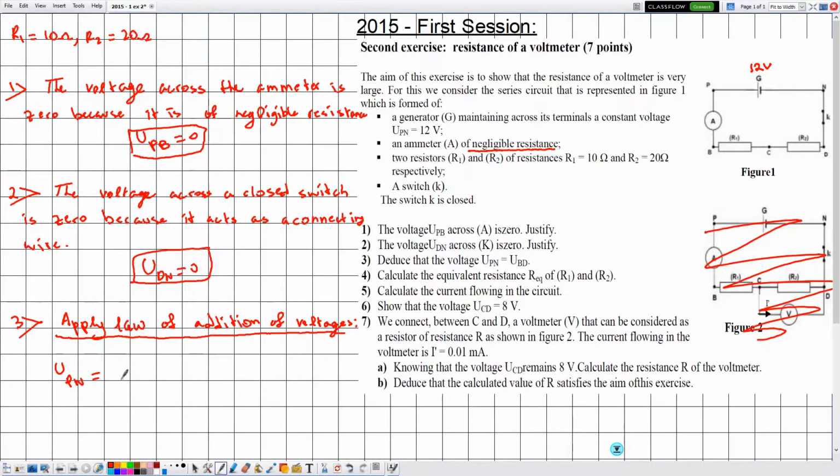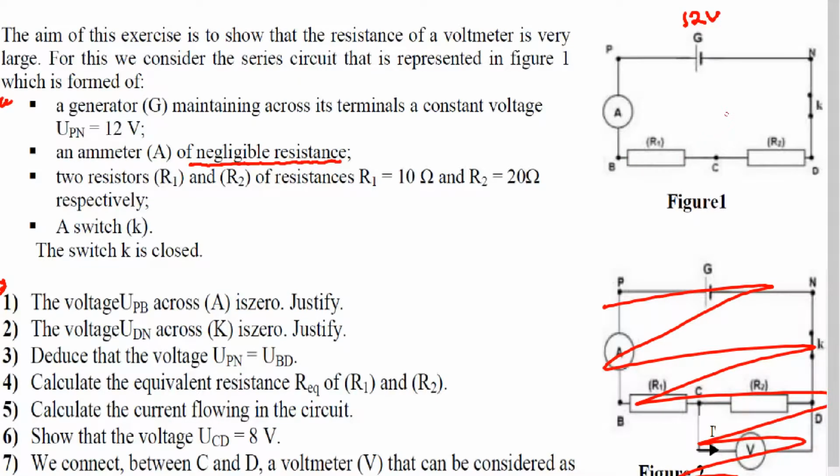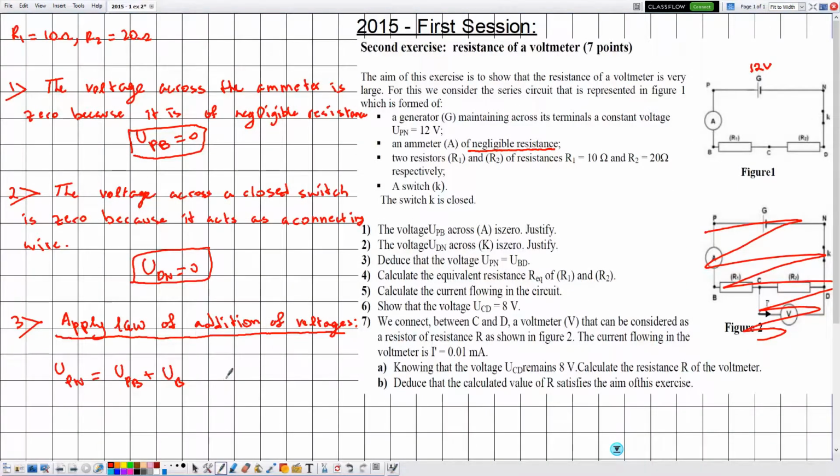From P we go to the point B, and from B we can go directly to the point D, or we can go to D across the point C. But since we need to show that UPN is equal to UBD, UBD must appear in the equation. Then we go directly to the point D, and from D back to N. We keep both UPN and UBD as variables.